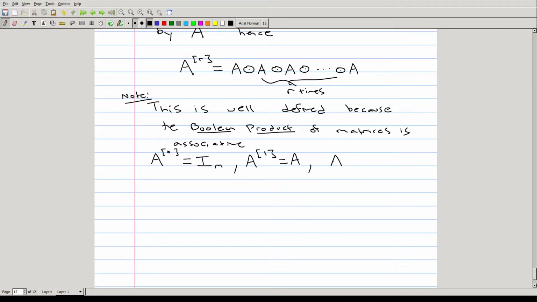And then for all R, it's going to be the R minus first Boolean power multiplied Boolean product by A itself.